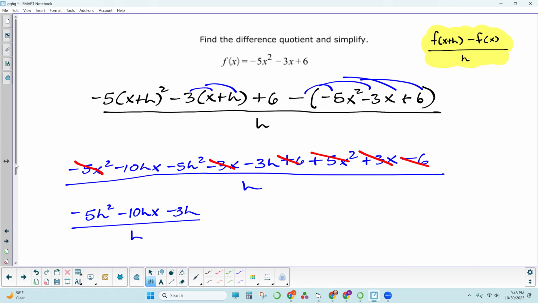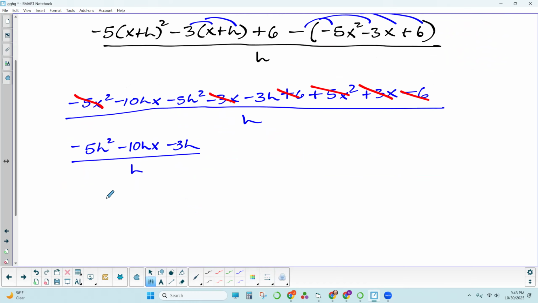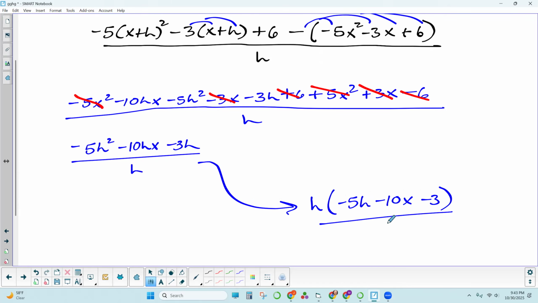Scoot this down a little bit. Now, if I can factor out an h on top, I can cancel the h on the bottom. So that's what I'm going to do next: factor out an h. And there goes the h on the bottom.